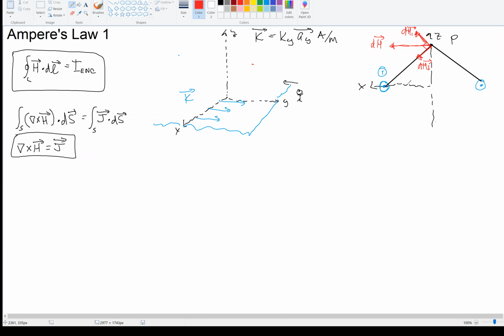Yes, but for every piece to the left of the z-axis, we have a symmetrical piece to the right of the z-axis. So that cancels out, and so we expect the magnetic field to be pointing towards the positive x-axis. Now, for below the sheet, you could apply the same reasoning, and what you would see is that it would point this way. So there's kind of like a torque due to the sheet.